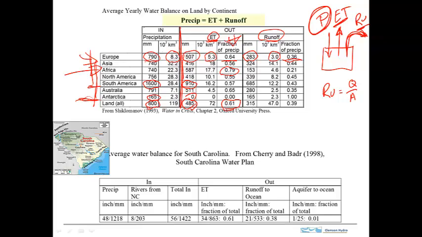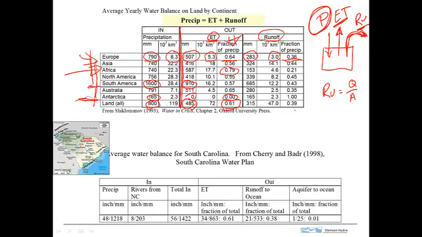So Africa has an anomalously large fractional amount of ET compared to the other continents. And that, I think, makes sense because much of North Africa is a desert, and all the other continents are pretty close to the average, except for Antarctica, and it's essentially zero.